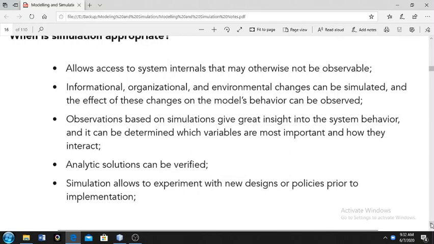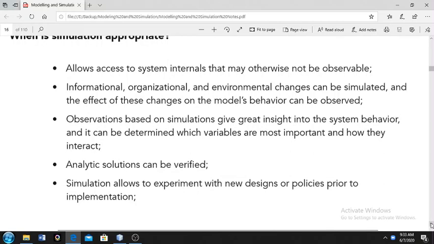So basically, it is important to simulate when systems are complex and not easily observable, or when part of the system, even if not the entire system, may not be observable. It is important to simulate when there are huge interactions between the components of the system.